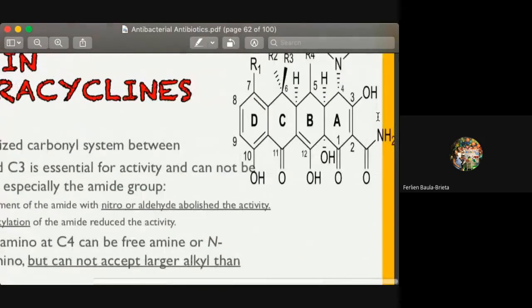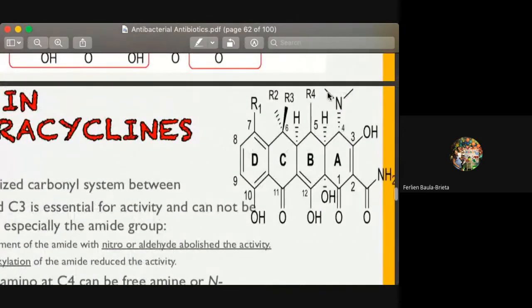So more or less, ito na siya ang pinaka best na structure dapat sa C4. So ito yung pinaka the best structure for C1, C2, C3, and C4.